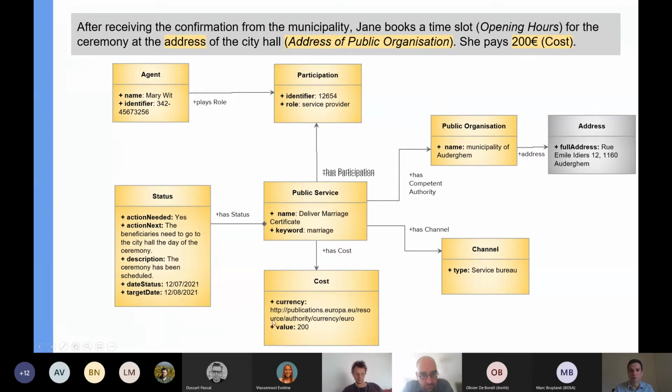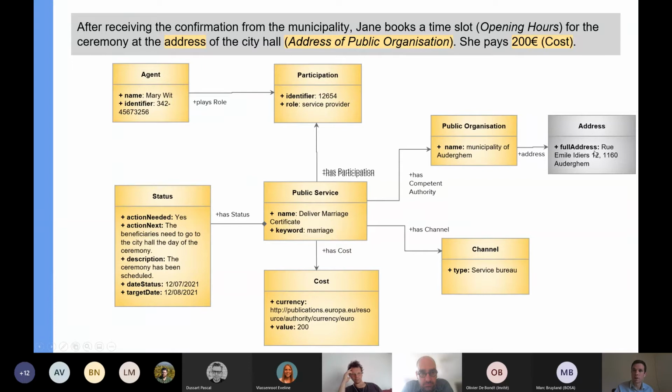And the value is estimated at 200 euros for the specific time slot she picked. And then how do we capture the address? We consider it outside this model because it's more related to the public organization. So we thought of describing it as part of the public organization model.